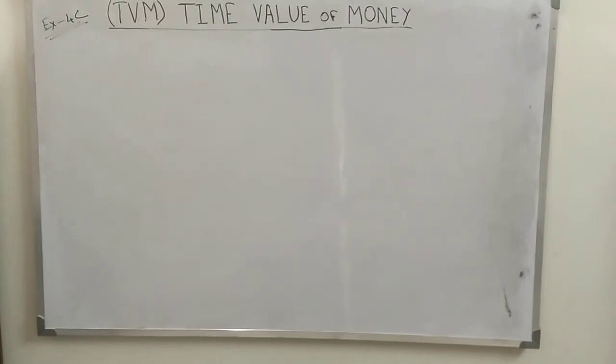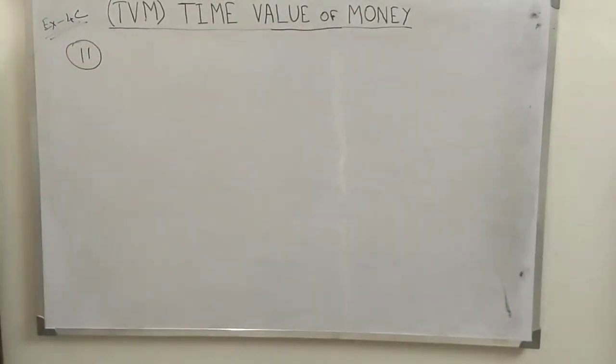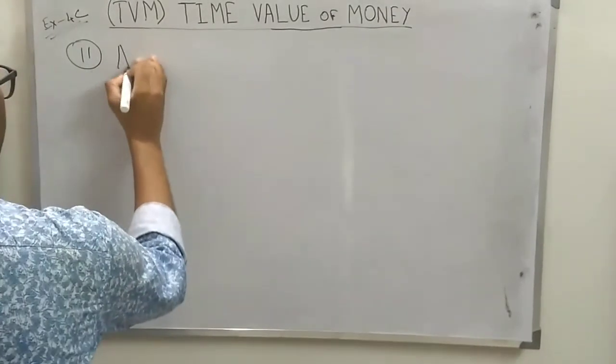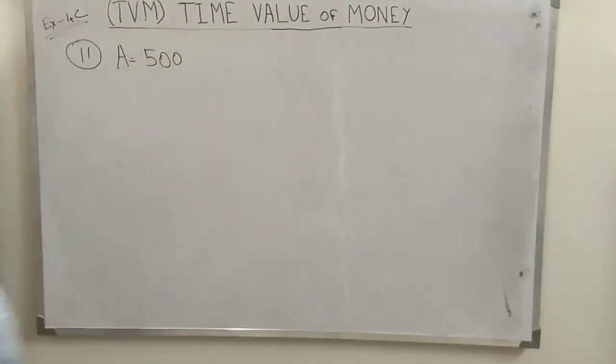Now question number 11. In question number 11, a person invests rupees 500 at the end of each year. That means the value of annuity is rupees 500 at the end of each year.